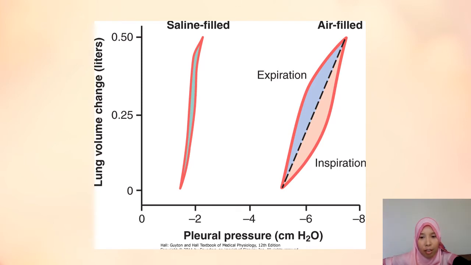You can see that if the volume increases up to this level, the difference in the pleural pressure from the lower point to the upper point is not much of a change. A slight change, but not much.